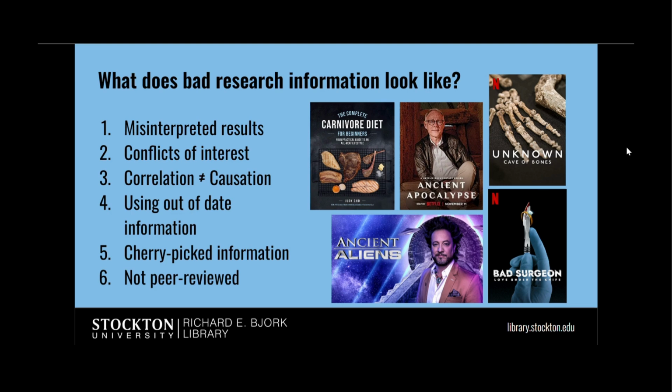It's not current information. Cherry-picked information. That means I'm going to take this data and combine it and ignore this other data because it doesn't suit my need. That's not good information either. And then information that isn't peer-reviewed, that can be an issue. It isn't always an issue, but it can absolutely lead to bigger problems.